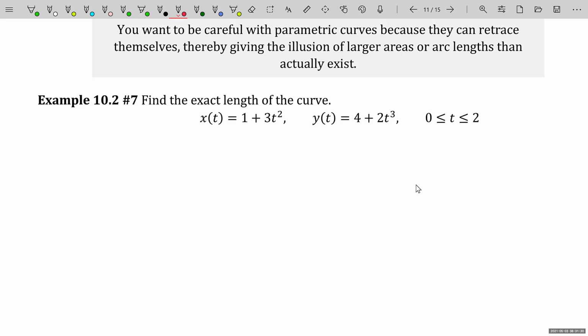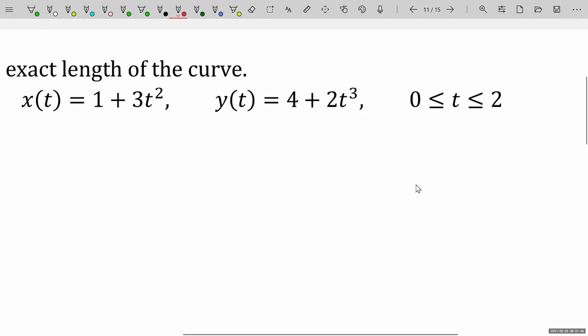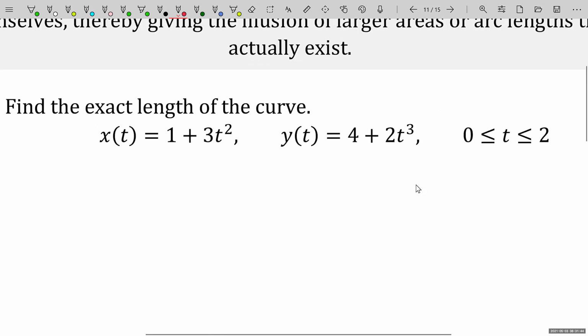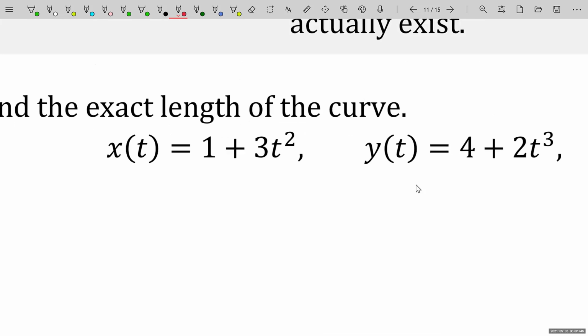Now, again, I'm going to do my trick. I'm afraid that this will retrace itself, but actually I could see that it's not going to, as long as either x or y is always increasing or always decreasing.